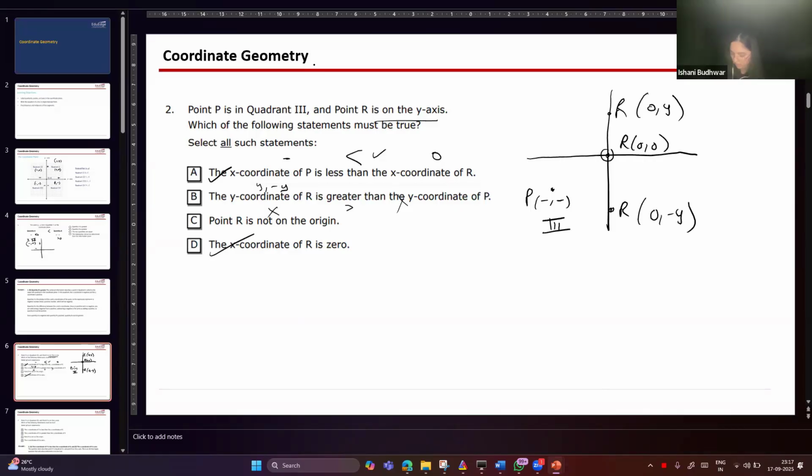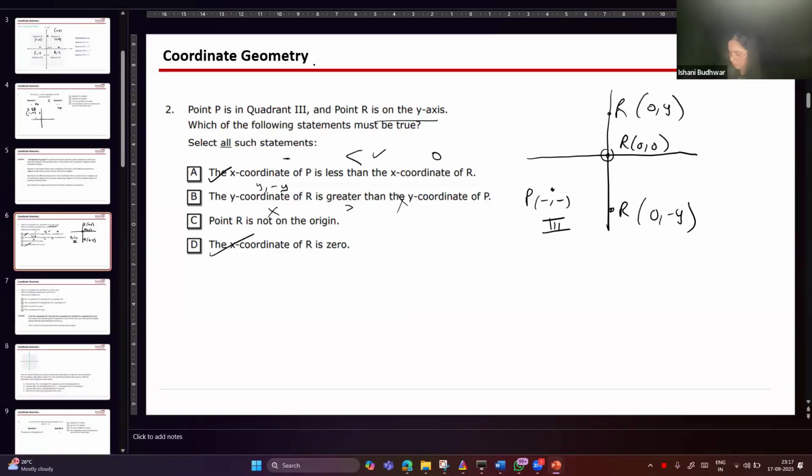Definitively, we have not been given the position of R. We just know it's on the y-axis, but it can be positive or negative. It can also be the origin. It can be above P or below P. We do not know. So this is how it looks.